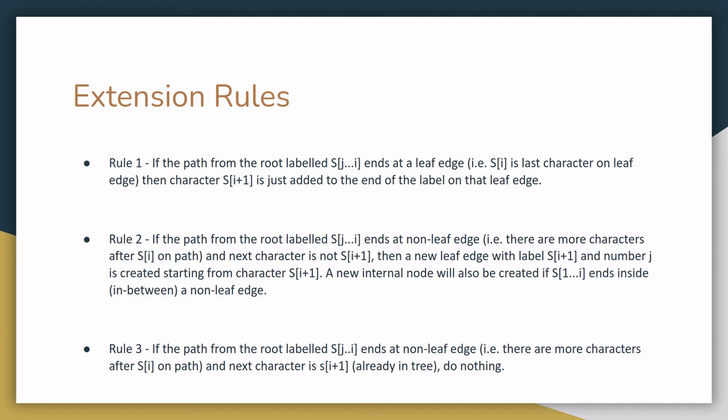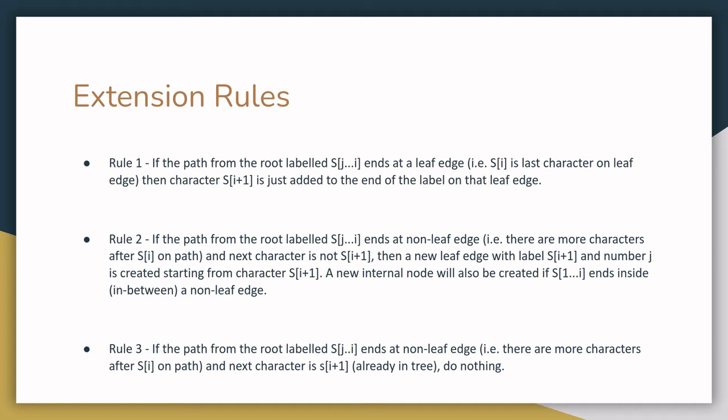Rule number 2 states that if the path from the root labeled like that ends in a non-leaf edge, and the next character is not the character which we currently have at hand, then a new internal node will have to be created in between.